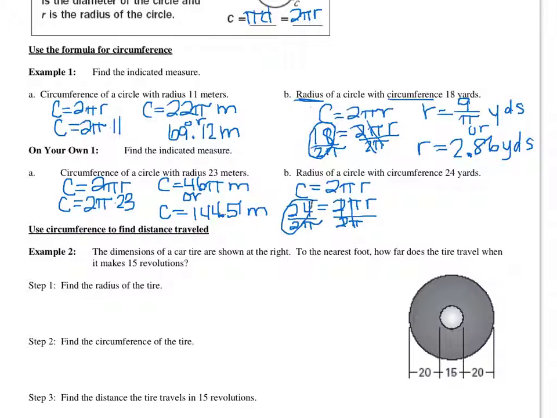And if I do 24 divided by 2, I find that my radius, my r, equals 12, because 24 divided by 2 is 12, over pi on the bottom. So it's 12 over pi yards. Or for our exact value, if you do 12 divided by pi, you should find that that is 3.82 yards.